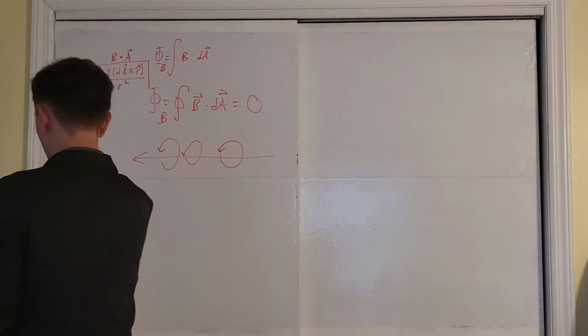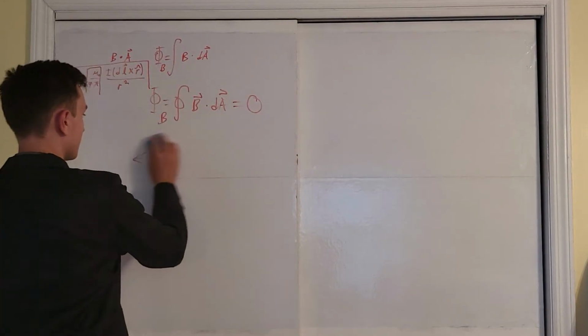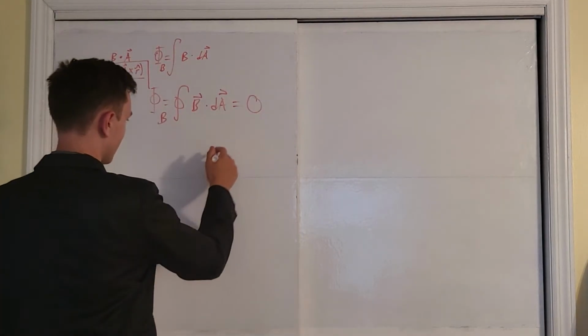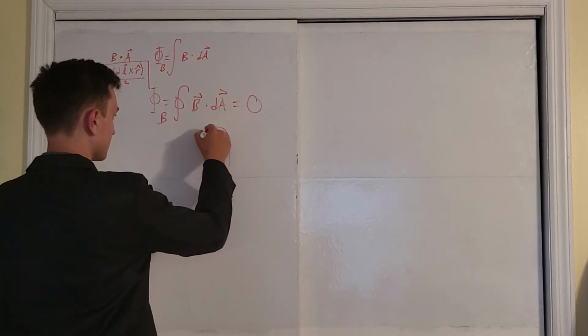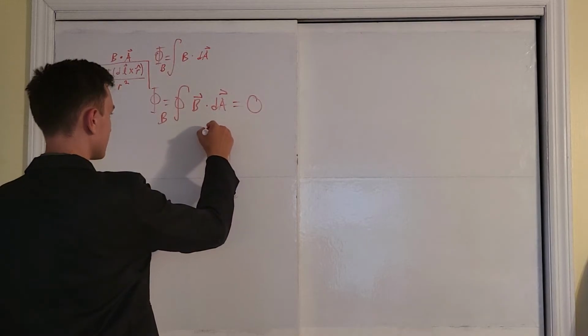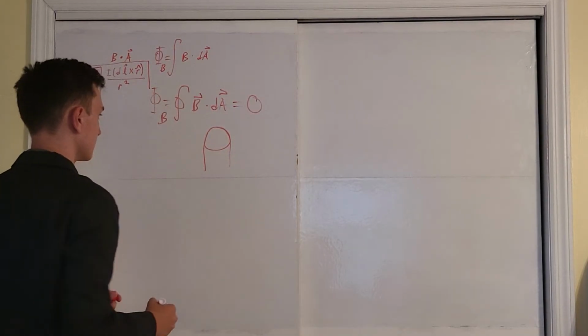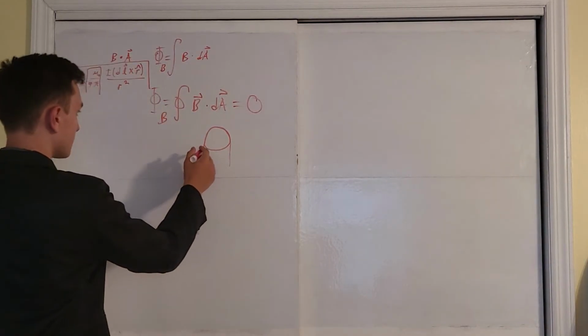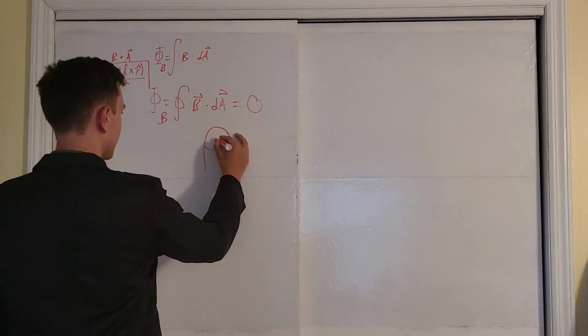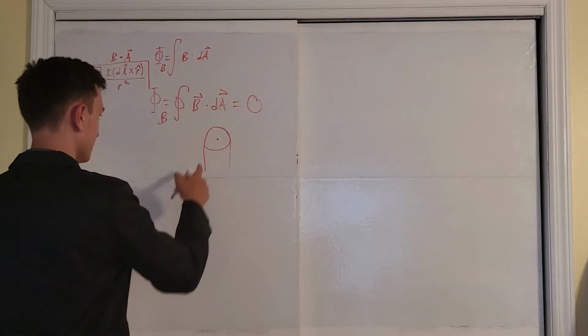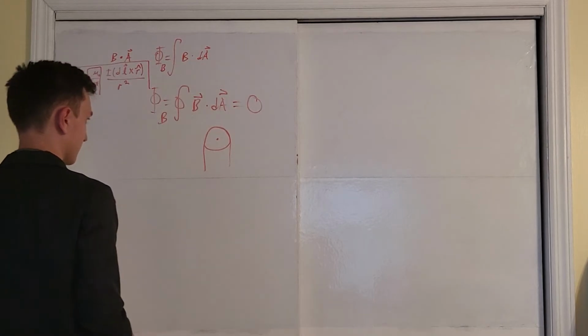Wherein, if I were to draw a loop of wire, and I were to consider the point at the center of that loop, I would have some wire, it would go in a loop like this, and then it would go back out, okay? So I want to find the magnetic field at the center of this loop of wire, okay?